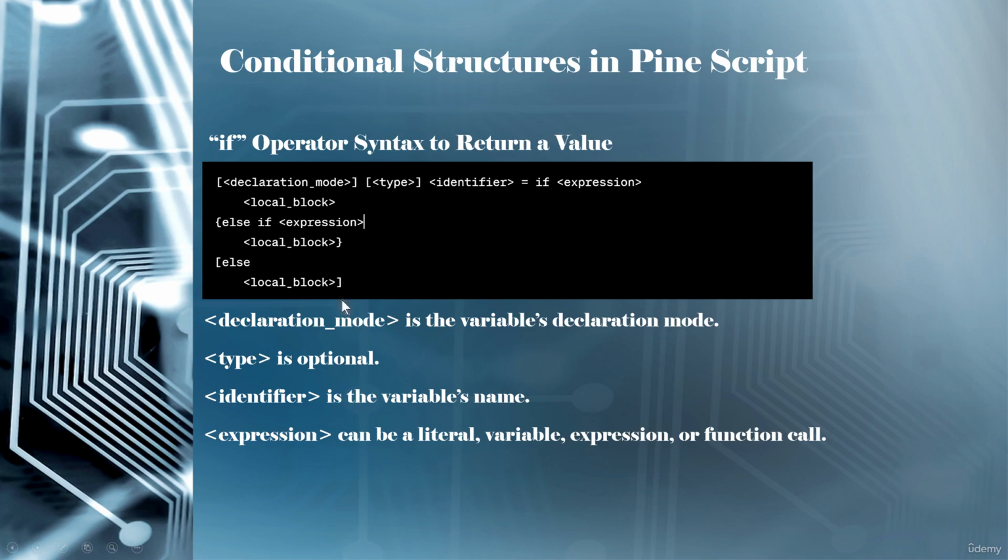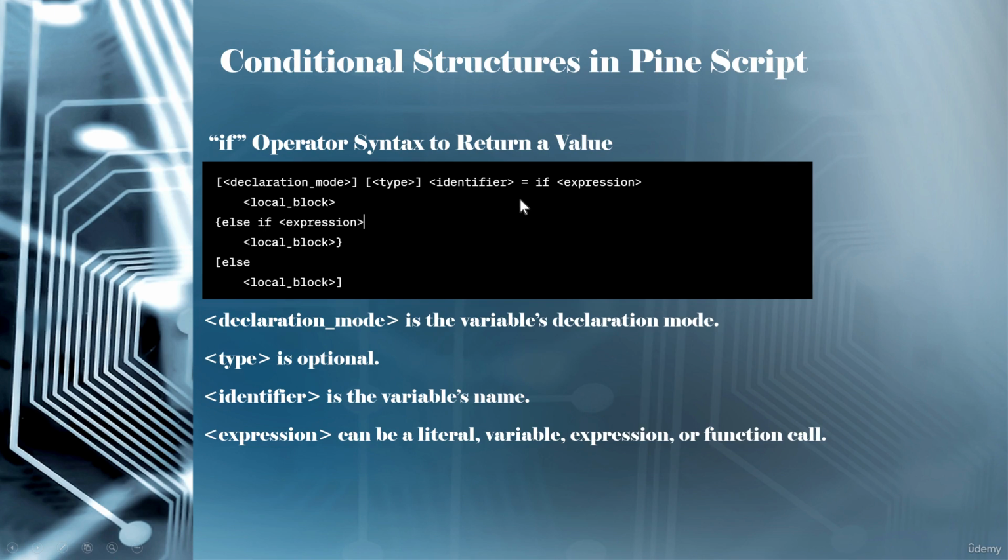In this case, declaration mode is the variable's declaration mode. Type is optional. Identifier is the variable name. An expression can be a literal, variable, expression, or function call.